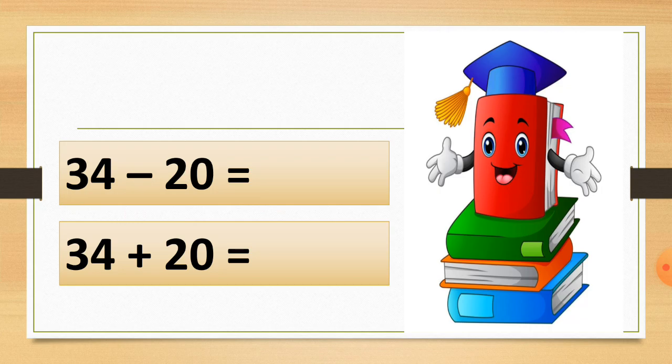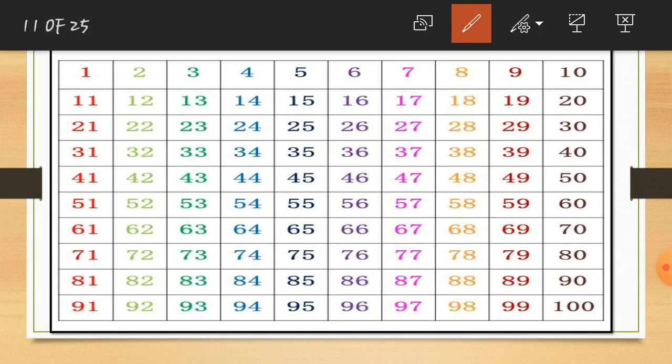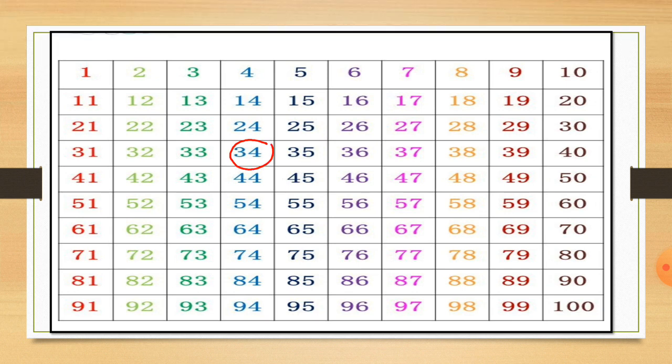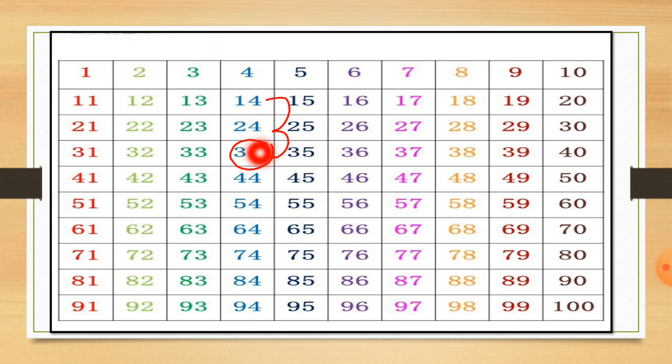Keep the number 34 in your mind. Here is 34, I circle the 34, and we have to move 2 steps upside. You can see this is the 1 step and this is the 2 step.